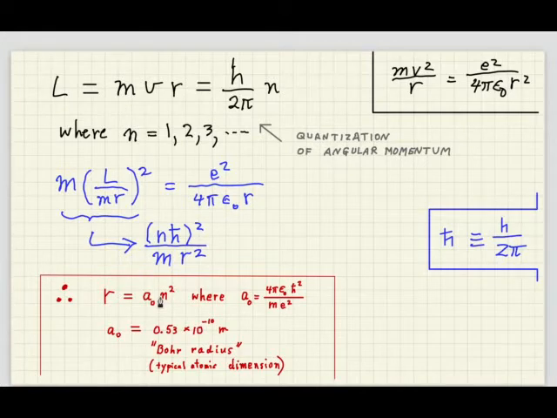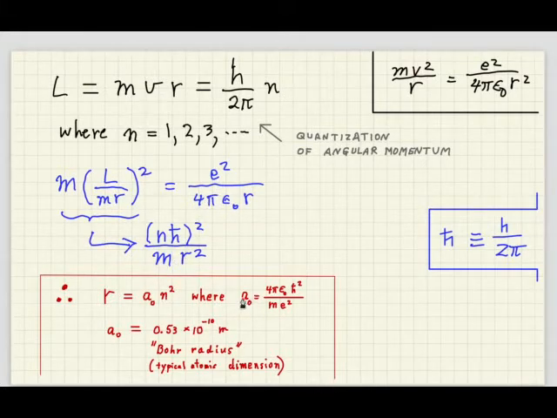It's a constant a0 given by this combination of electron parameters, the mass and the charge, times a square integer, 1, 4, 9, 16, and so on.